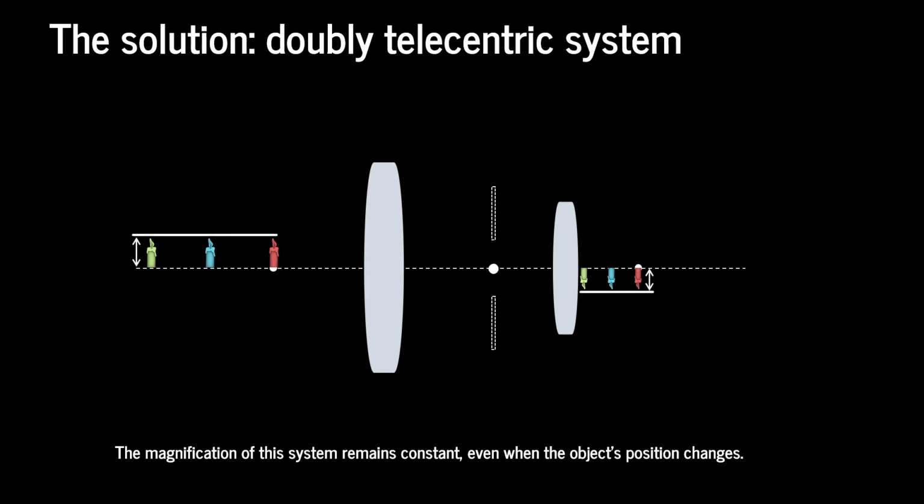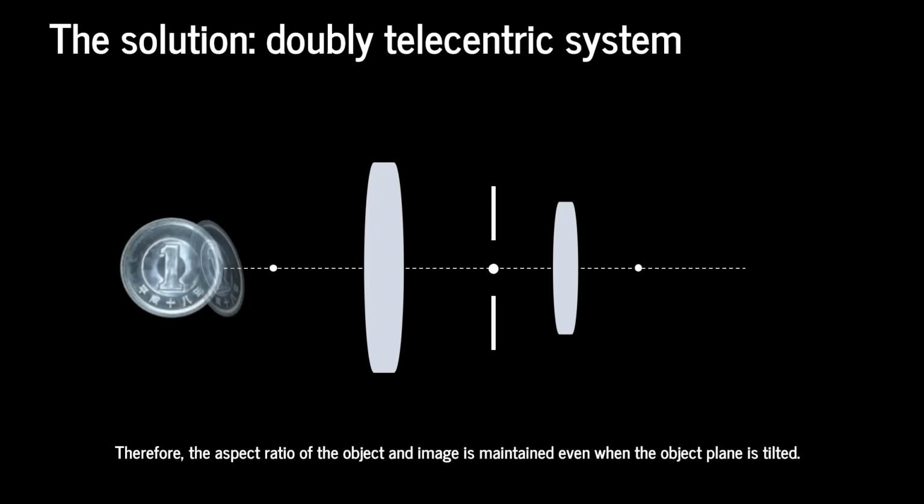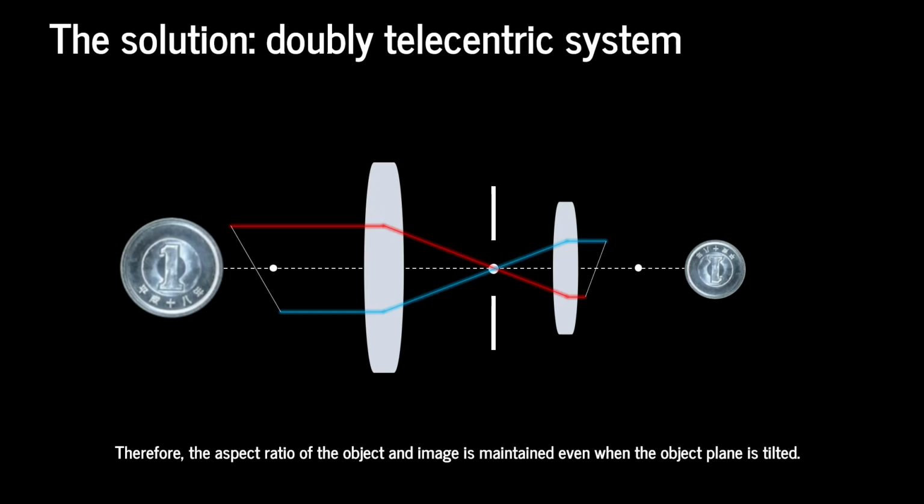The magnification of this system remains constant, even when the object's position changes. Therefore, the aspect ratio of the object and image is maintained even when the object plane is tilted.